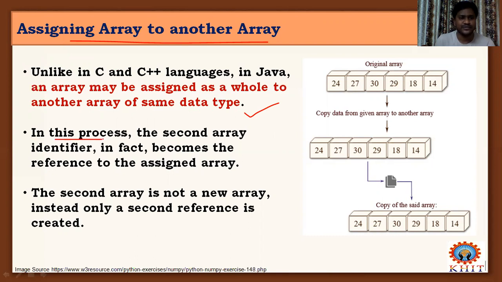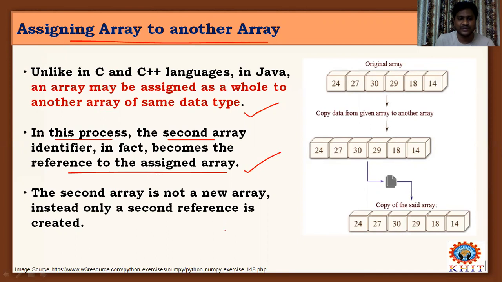Next, in this process, the second array identifier in fact becomes a reference to the assigned array. This needs to be understood clearly. When we declare one array and assign it to another array, the second array becomes a reference to the assigned array.